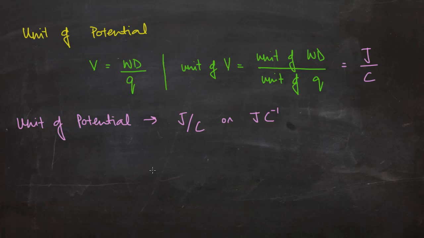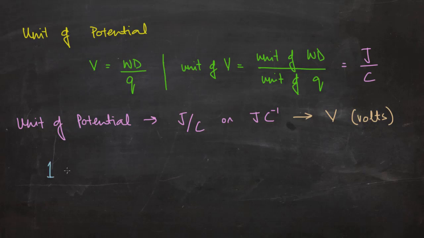This is the SI unit of potential and it has been given a special name after the scientist Volta and denoted by capital V, which is read as volts. You must have used colloquially the term voltage whenever the voltage is fluctuating, etc. This is where the term volt comes from.